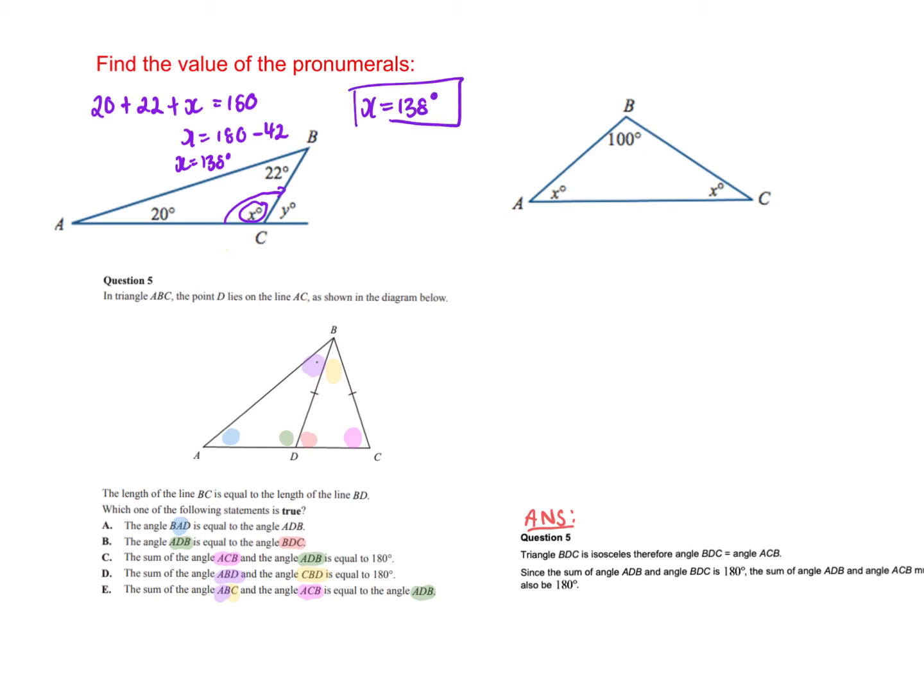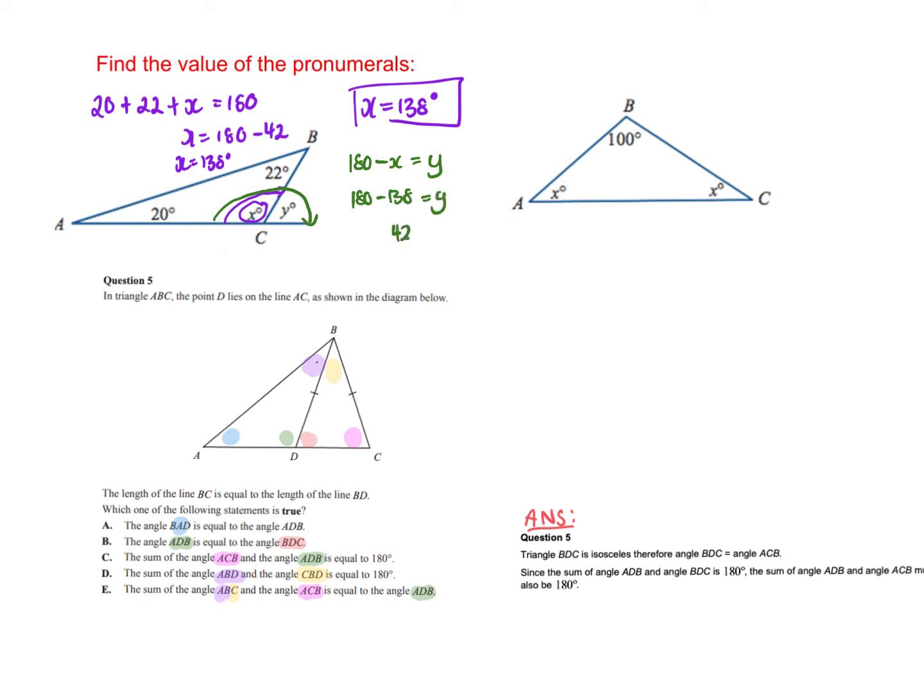Now with trigonometry and geometry, there's sometimes many ways to get your answer, or the way you see it might not be the way I see it, but there's more than one way to find your answer. So why I'm saying this is that you might see that that's a straight line. So therefore 180 minus x would equal y. So 180 minus 138 equals y.